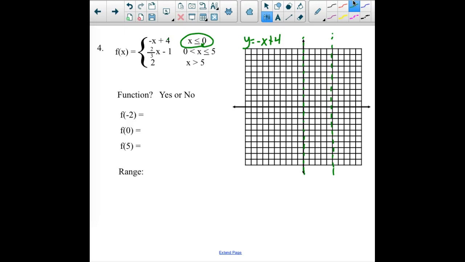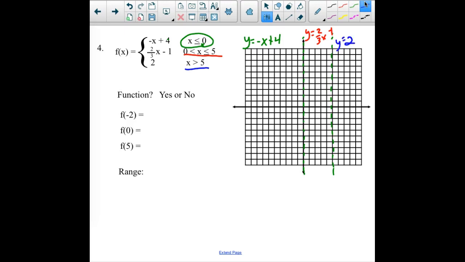Okay? For the piece that is between 0 and 5, this vertical chunk here, that uses 2/3 x minus 1. And then on the far right, for all x greater than 5, I just want a 2.